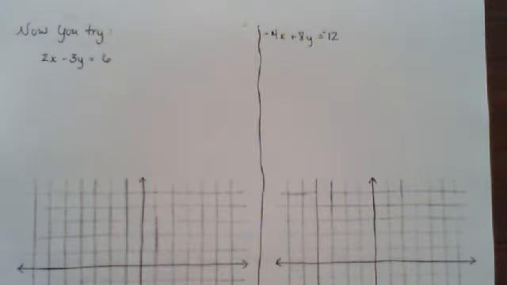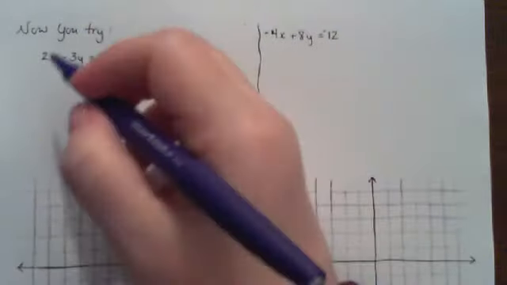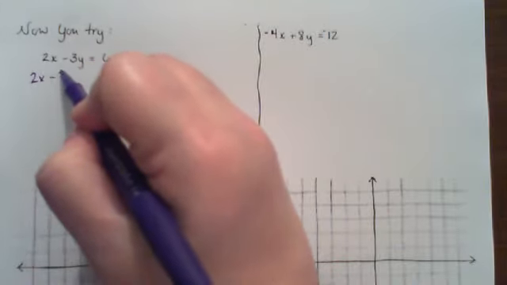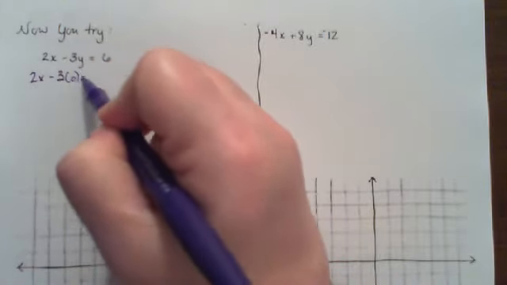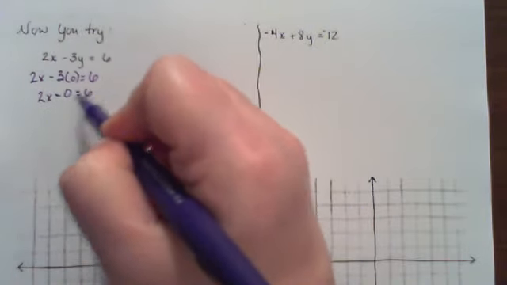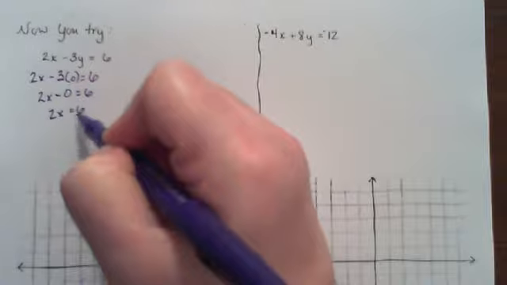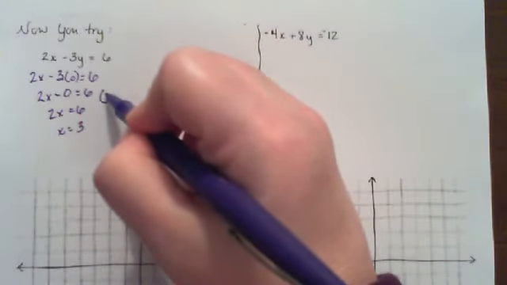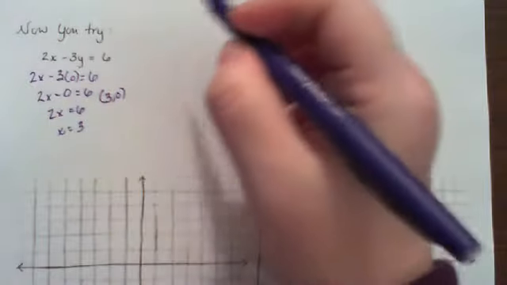Remember I said we have to do 2 different kinds of things for each problem. So over here, when I want to find the x-intercept, I plug a 0 in place of y. So 2x minus 3 times 0 is equal to 6. 2x minus 0 is equal to 6. 2x is equal to 6. X is equal to 3, which is the point (3, 0).